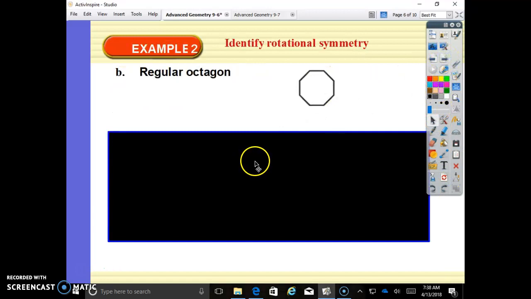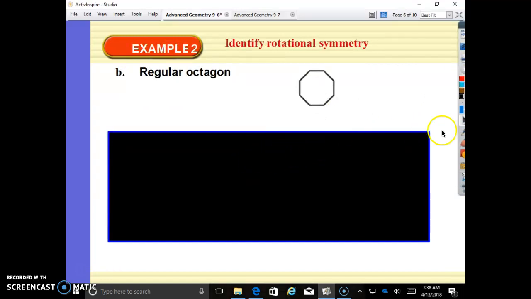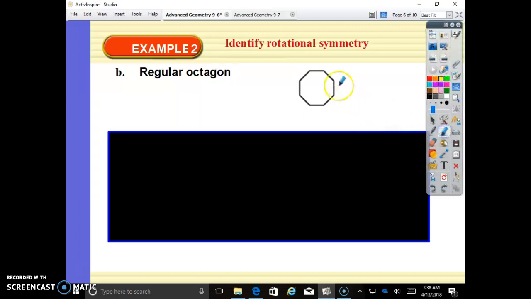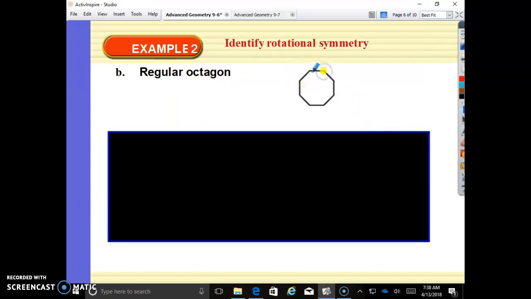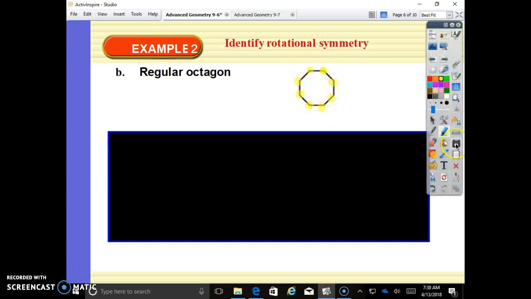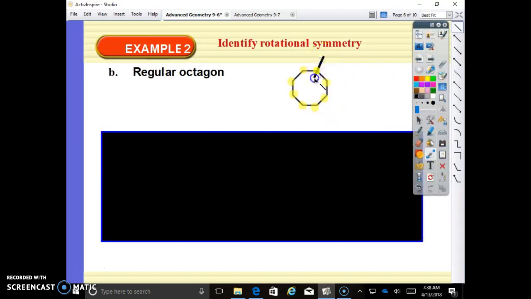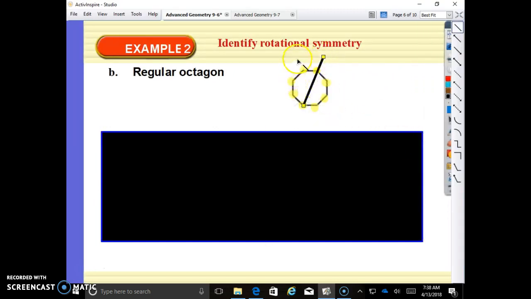How about a regular octagon? Gonna look the same a lot. This point right here, if you had this point there, this point there, this point there, it would all look the same, right? So like, if I went like this.